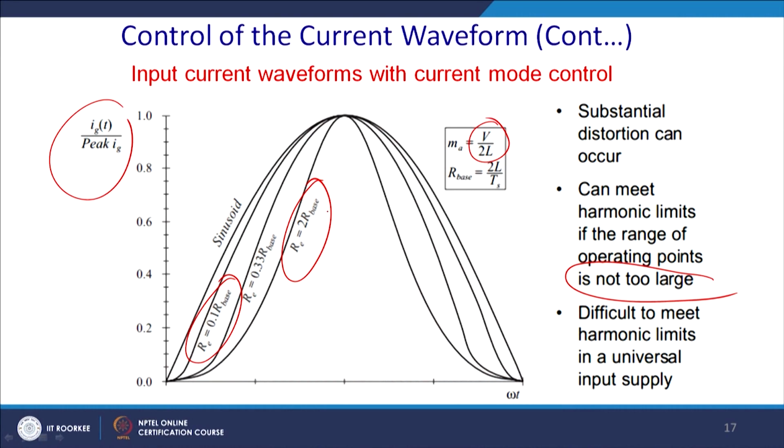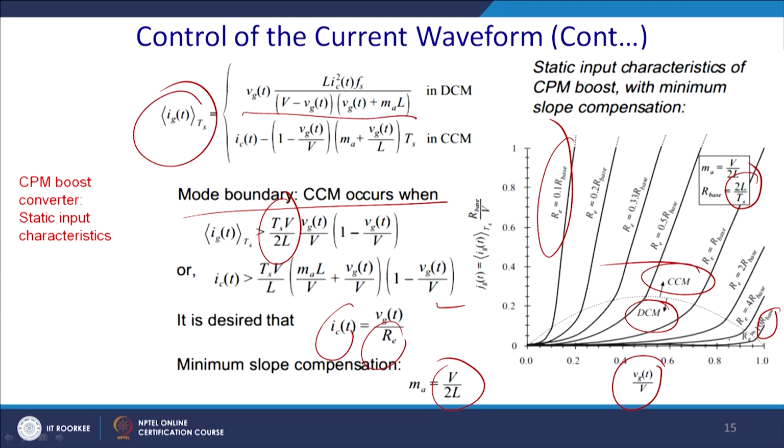If there are huge variations of the load current, that is from R equal to 10 R base to 1 R base, that is what we have seen in this waveform, then in this range we may not have control over the desired THD. So, we can have control over the THD within a short range, and accordingly it will be designed.